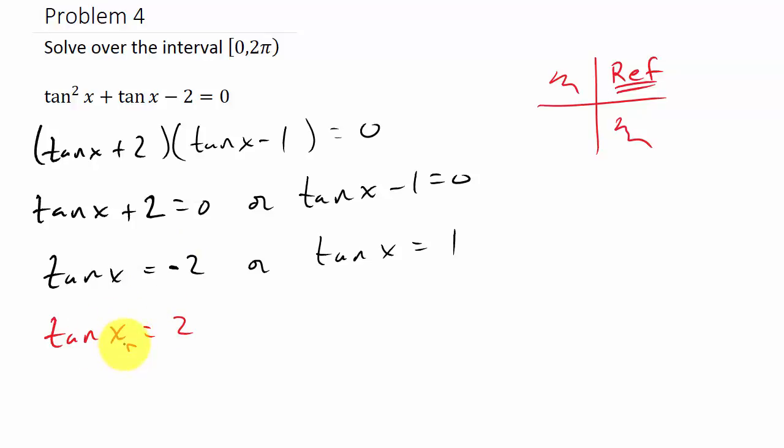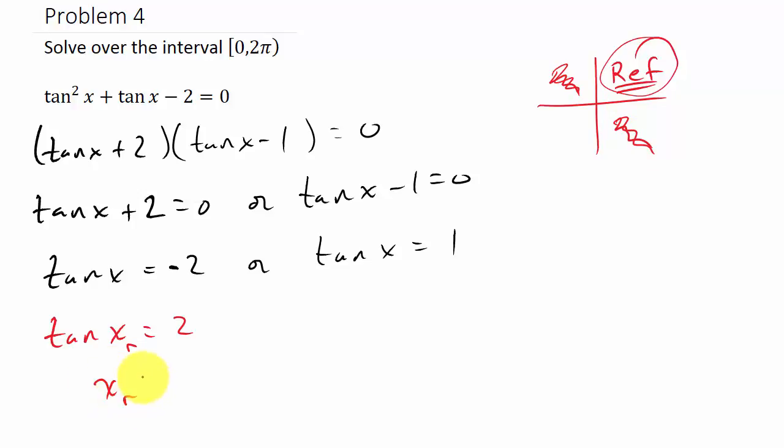It's not going to be one of my solutions, because the original problem is tangent x equals a negative number. So I know my solutions are in the second and fourth quadrants, but I'm going to change it to positive so I can get my reference angle in the first quadrant. Then I'm going to use this reference angle to find my second and fourth quadrant angles.